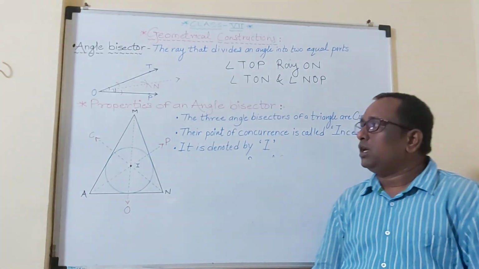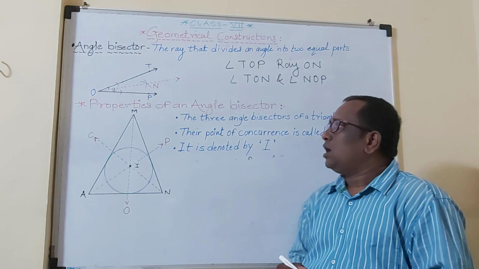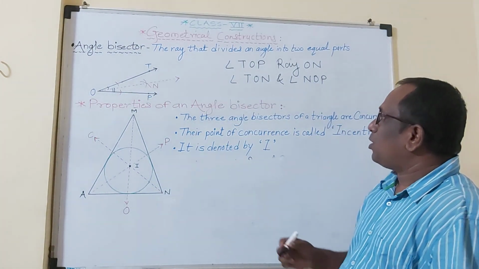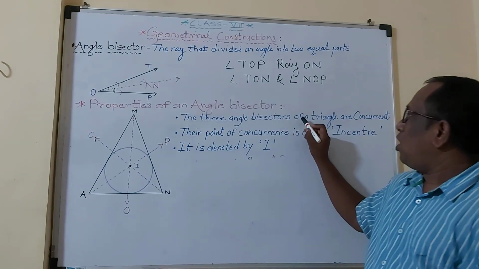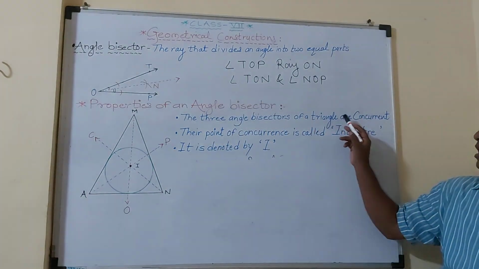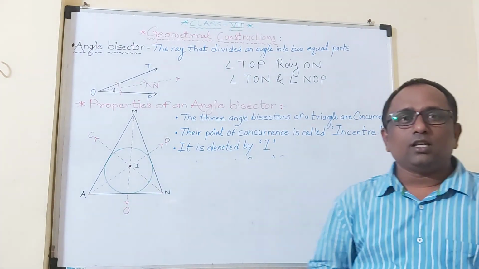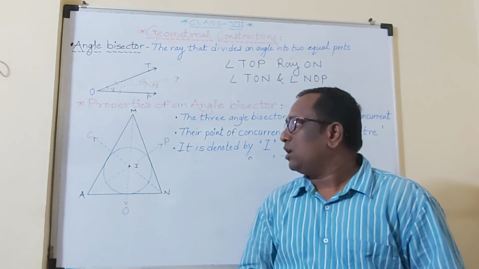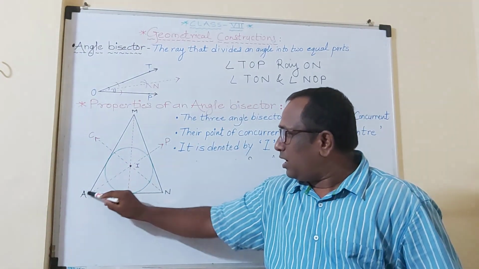Now we are going to learn the properties of angle bisector. So there are some properties. Now the first property is the three angle bisectors of a triangle are concurrent. Now what is meant by concurrent? Concurrent is nothing but same, equal. Now see in this figure, here triangle MAN.